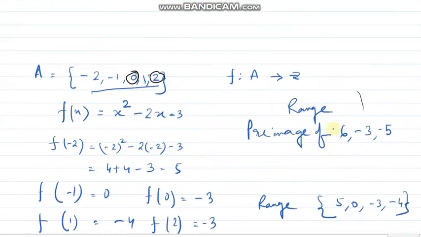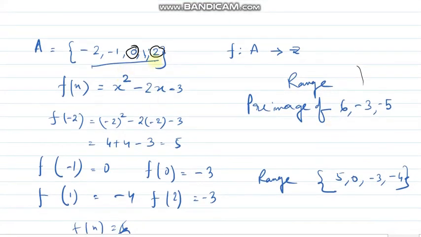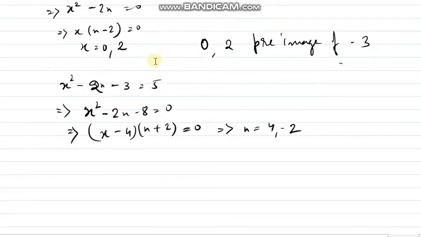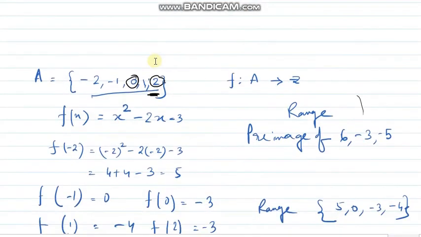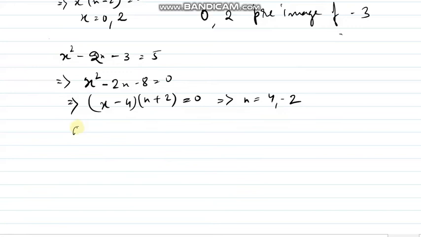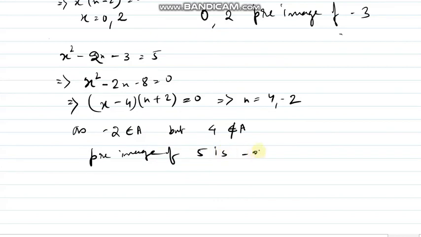Just check set A: we have -2 in set A but not 4. So -2 belongs to A but 4 doesn't belong to A. So the pre-image of 5 is -2. The element that is in set A will be the pre-image.